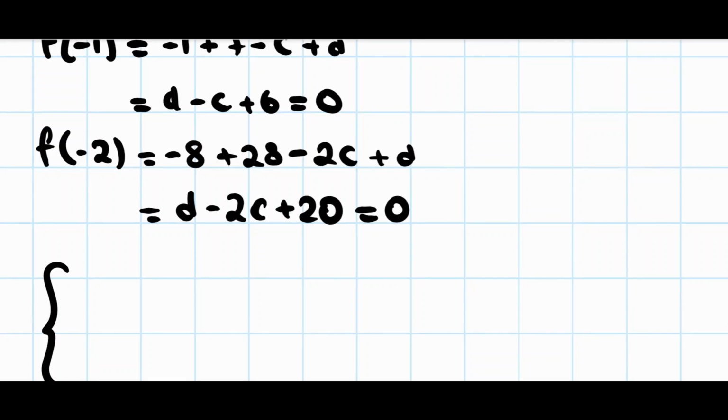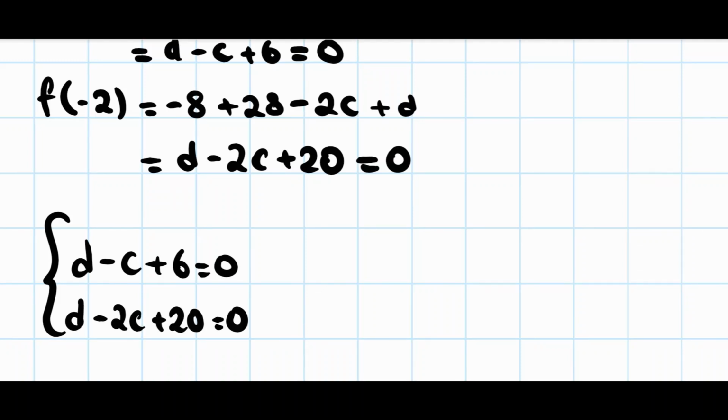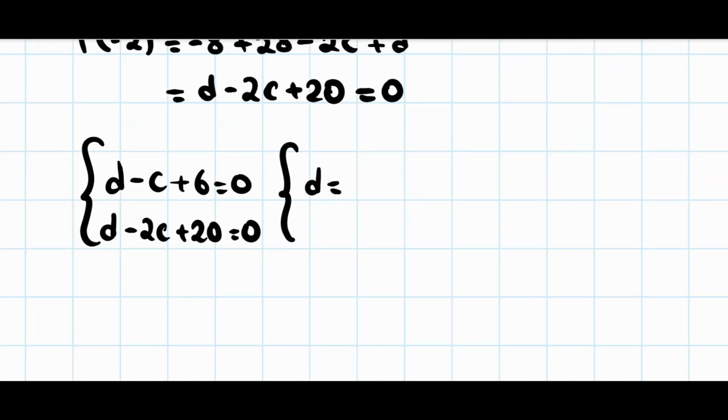So we're now going to solve these simultaneously. We've got our two equations now. The first one is d minus c plus 6 is equal to 0, and also d minus 2c plus 20 is equal to 0. We can rearrange the first equation to make d the subject, so d will be equal to c minus 6.